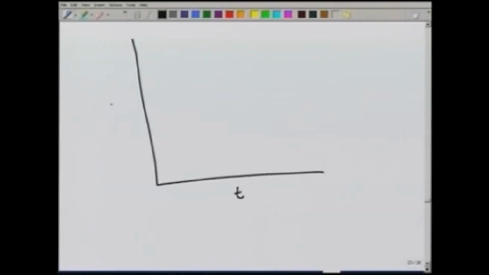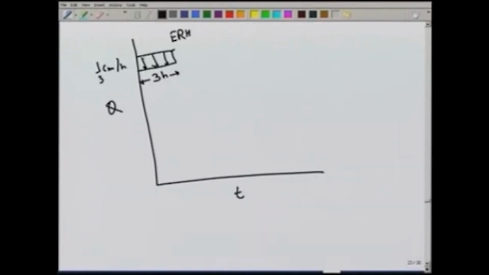T, Q, and let us say we have a rain falling for 3 hours, then its intensity must be 1 over 3 centimeter per hour, so that the effective rainfall total depth is 1 centimeter.